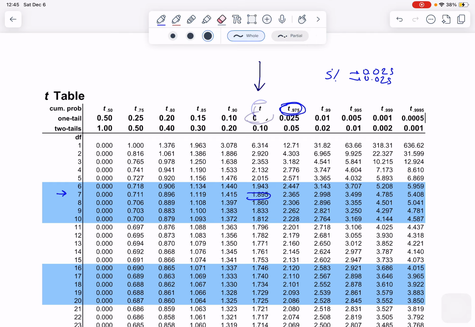Okay, there's nothing wrong, I was mistaken. Okay. So we want one tail which is 0.025.